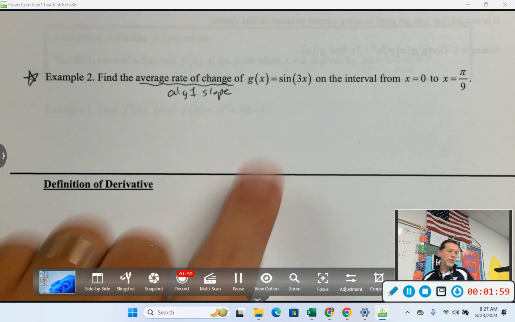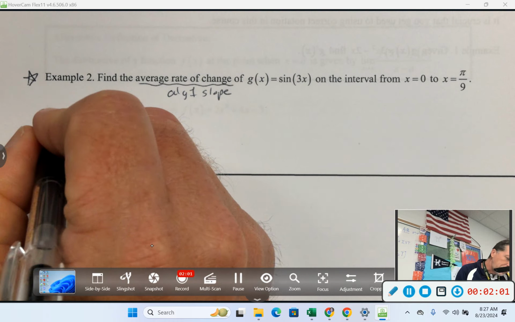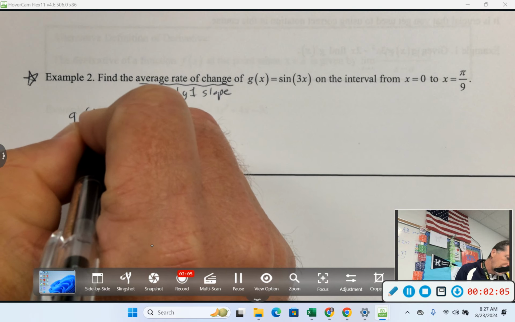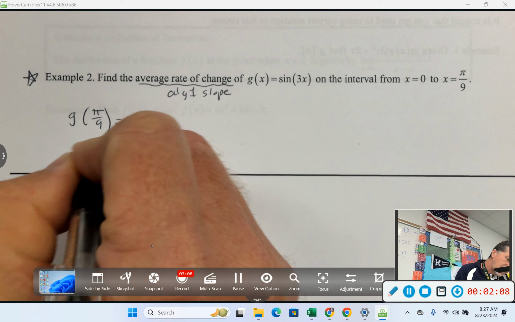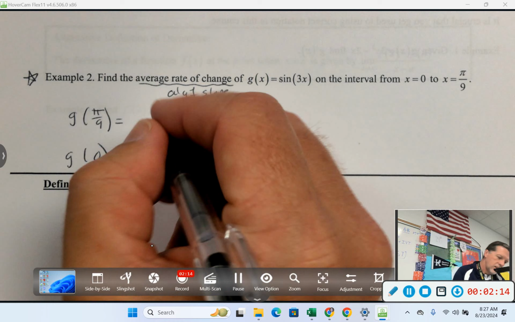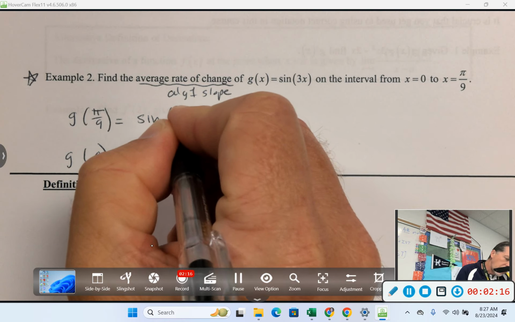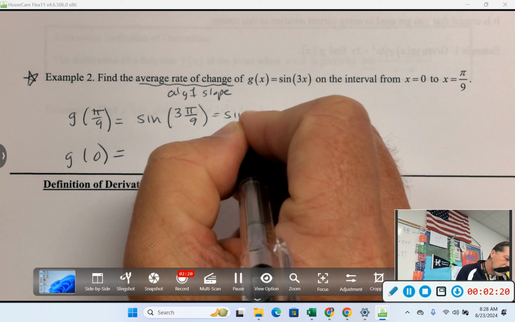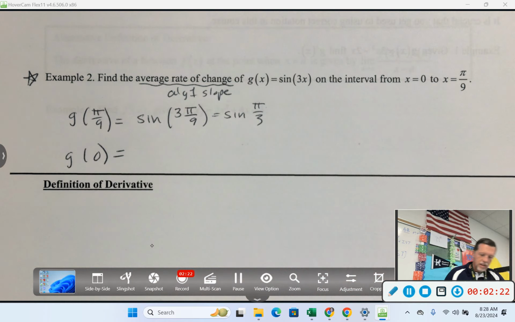I guess it's not really Algebra 1 when sine is involved. So g of pi over 9 and g of 0, and then we can do y2 minus y1 over x2 minus x1. So sine of 3 pi over 9, that would be the sine of pi over 3.